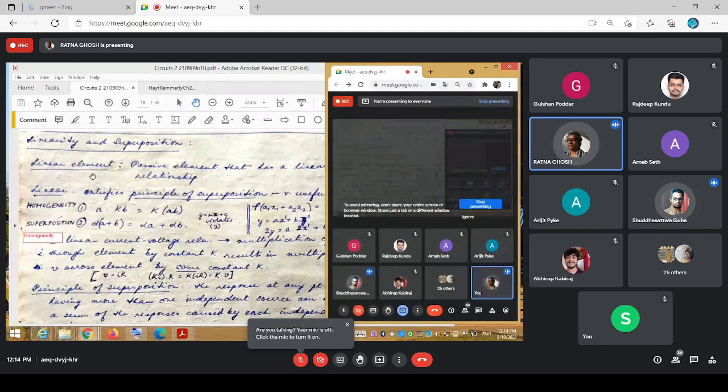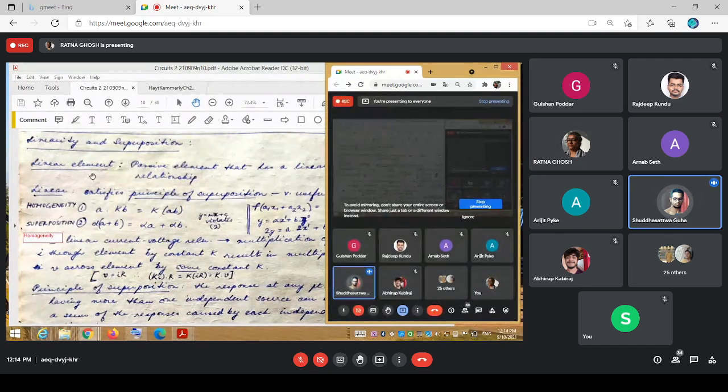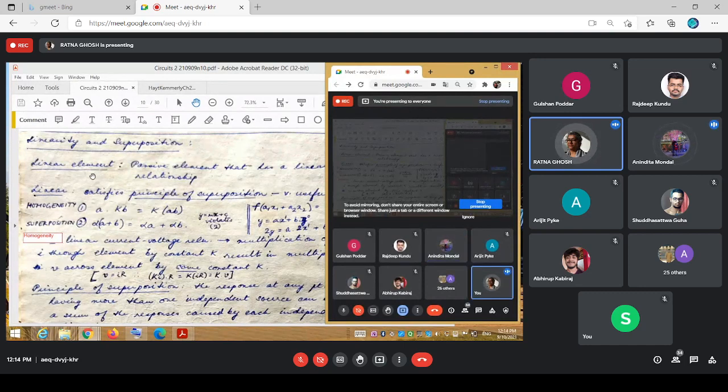Yes or no? Why so? Ma'am, there is no voltage-current relationship in any active elements per se, so we can't really define them as linear elements. Yeah, a little bit more specific. Say you have a voltage source and there is no linear relationship between voltage and current. But what is the kind of relationship that you have? Constant. Voltage source constant or current source constant, there won't be any linear relationship.